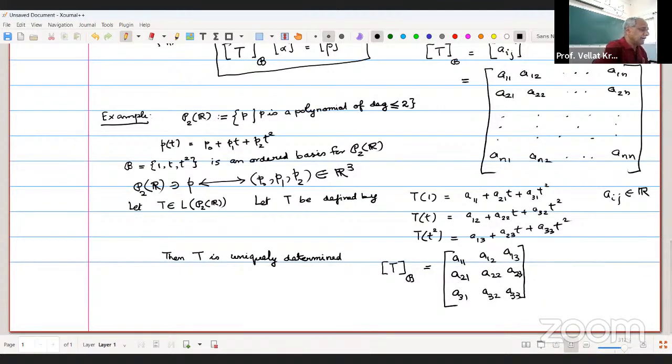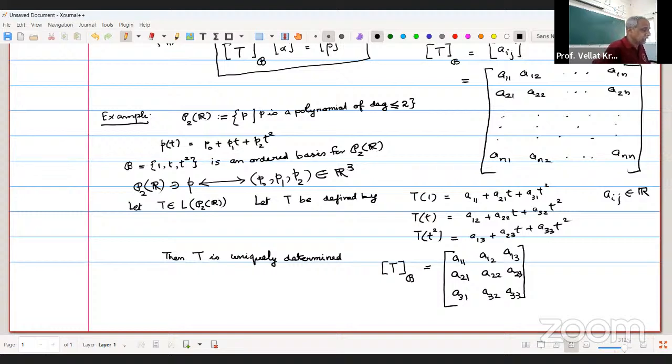In fact, A11, A21, A31 would become the first column. A12, A22, A32 will become the second column. A13, A23, A33 would become the third column. Now, this is how the matrix representation would emerge. Okay, but that needs to be substantiated. You need some little computation to do. Okay, fine.